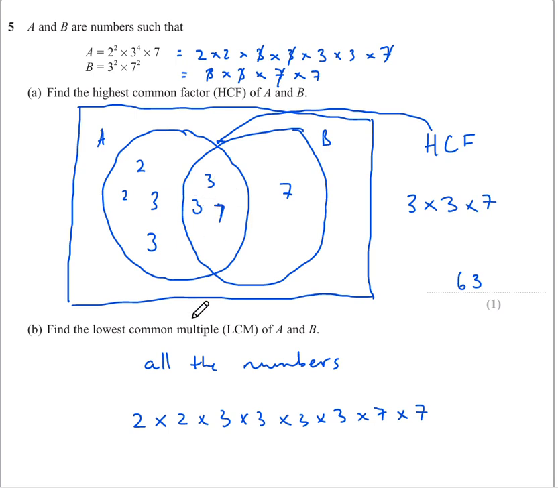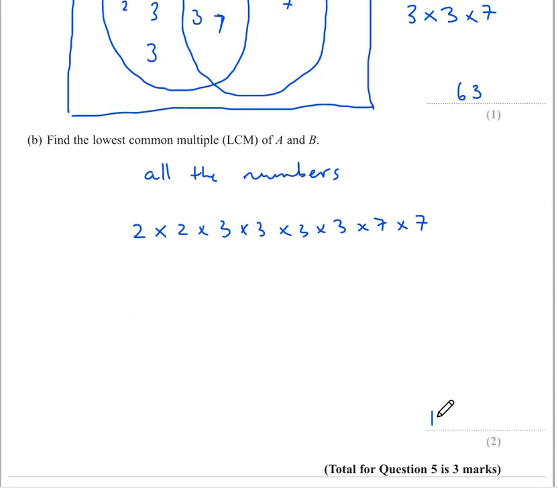So basically what that's doing is eliminating any repeats in the process. So put that into the calculator. That gives us an answer of 15,876.